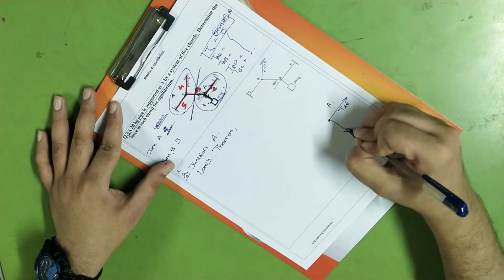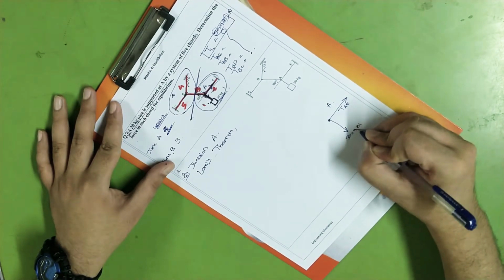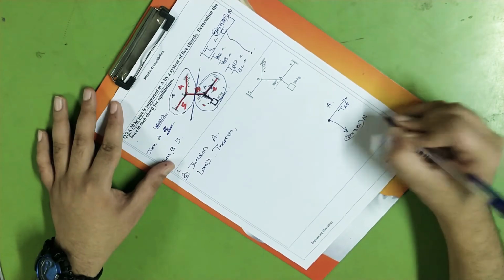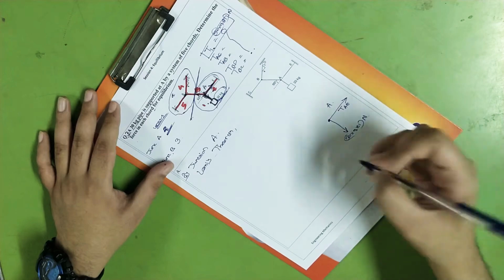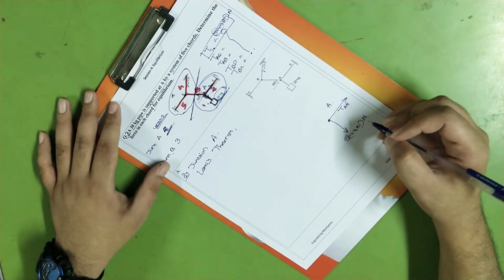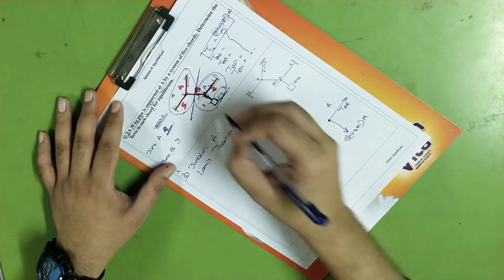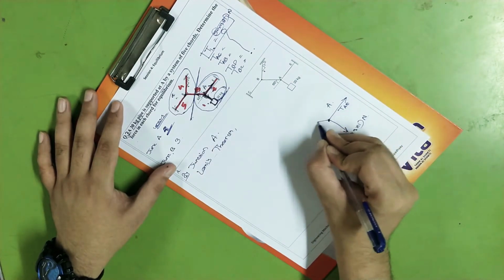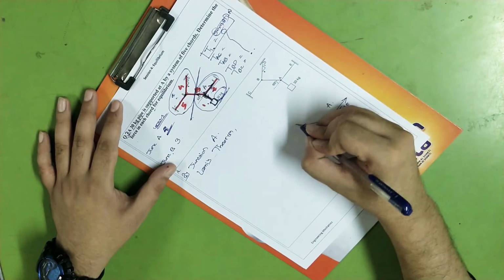Next is 30 into 9.81 newtons of force acting in the downward direction. It is given in kg, and I have converted it into weight or force, that is 30 into 9.81 newtons. And last is tension in AB, this inclined string, tension in A to B.